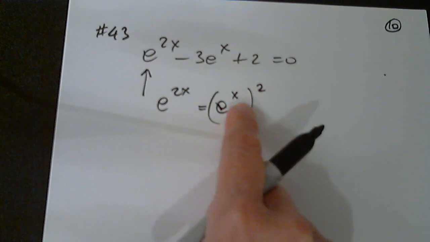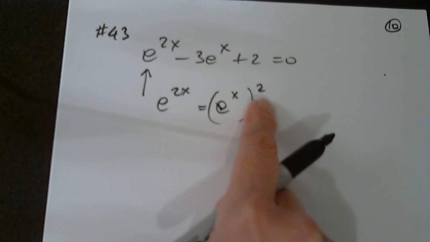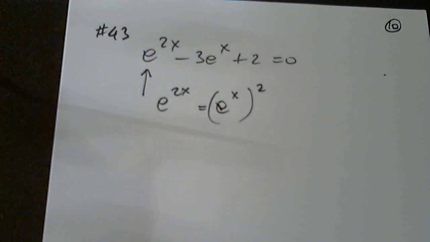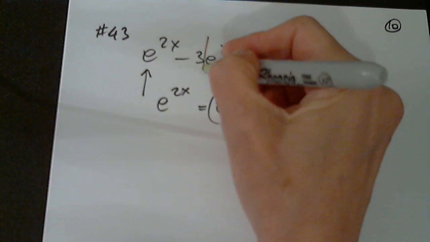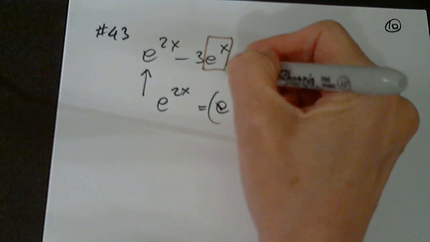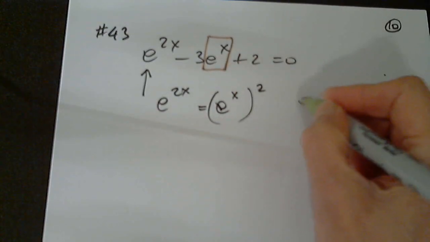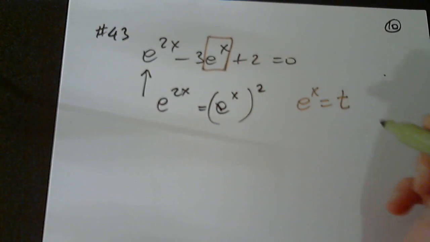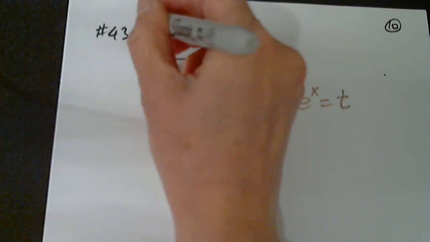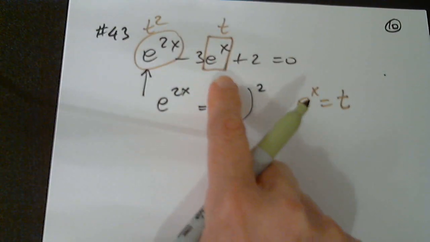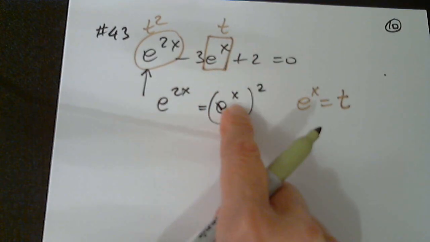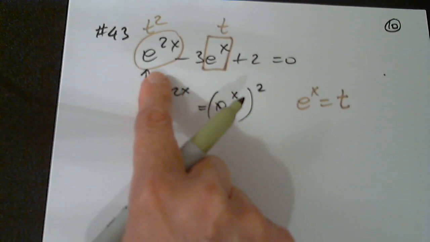Copy the base, multiply the exponents. So if I denote e to x by t, let's say, this is t and this is t squared. If e to the x is t, e to the x squared is t squared.